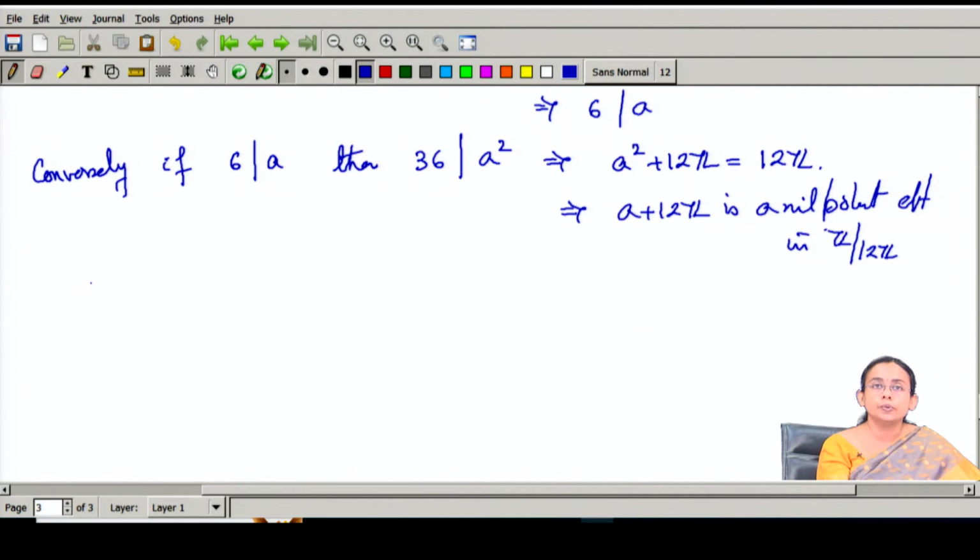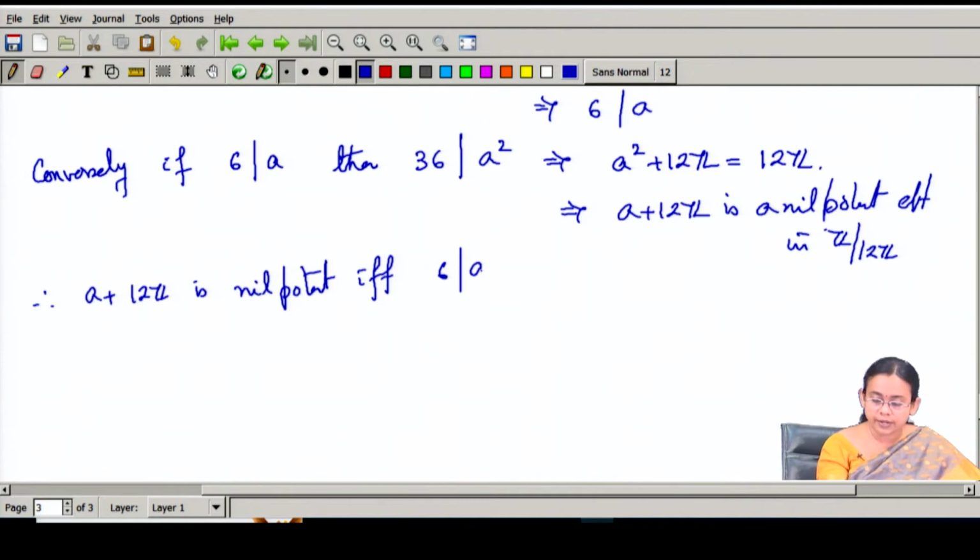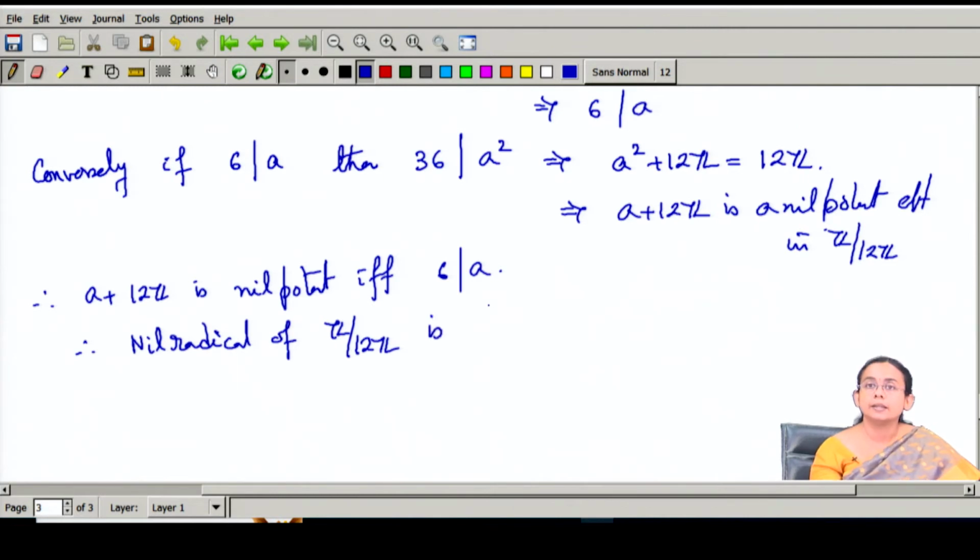So, which proves that A plus 12Z is nilpotent if and only if 6 divides A. So, therefore, the nil radical of Z quotient 12Z is nothing but the ideal 6Z quotient 12Z.